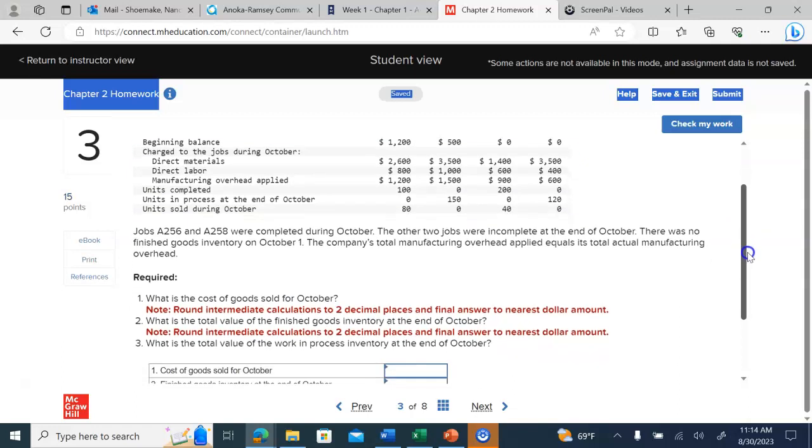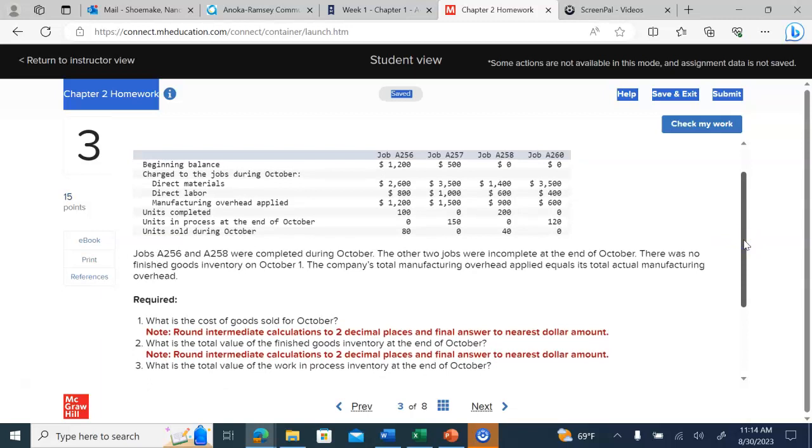So we see here job A256 sold 80 units and job 258 sold 40 units, right? So the way we're going to figure out these jobs is we've got to figure out how much we're going to apply to each one of these units.